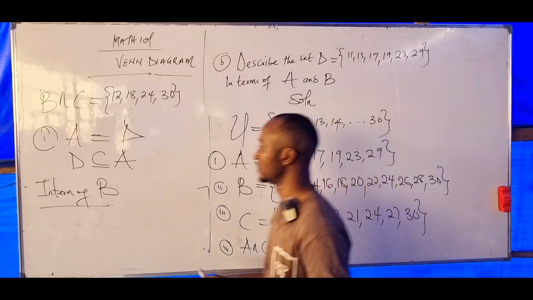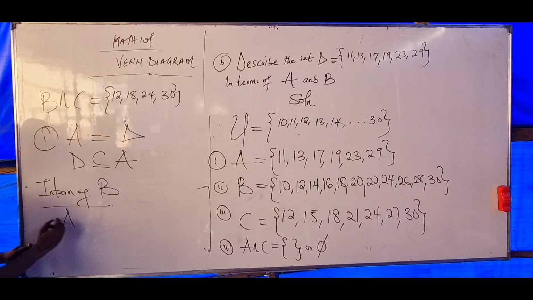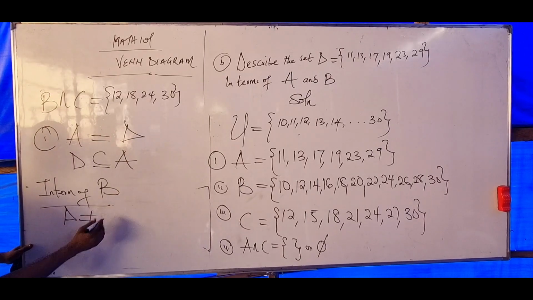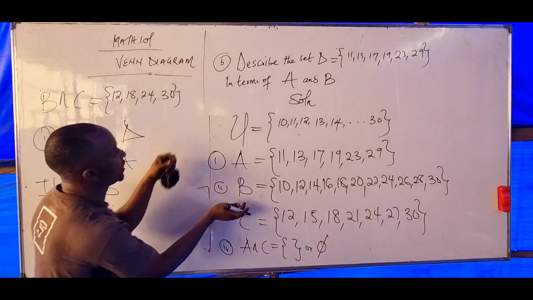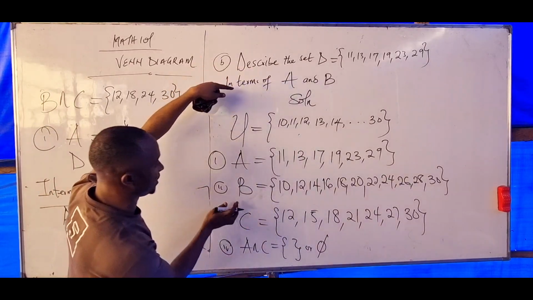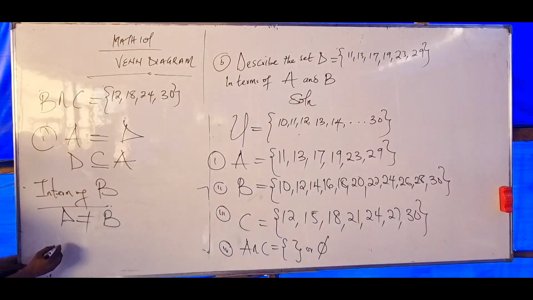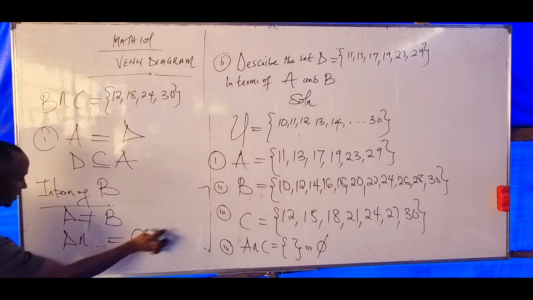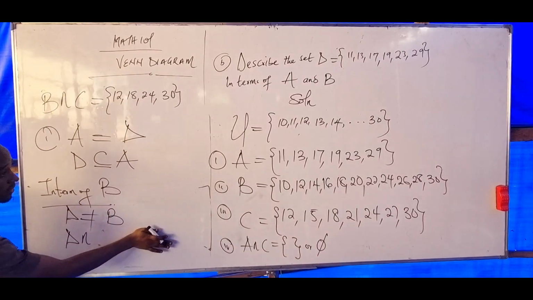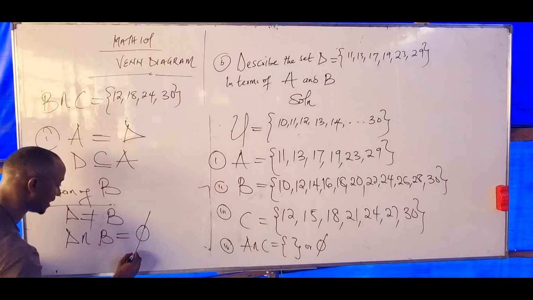So we can say that D is not equal to B. But is there anything common between D and B? We can also say that D intersection B is what? An empty set.